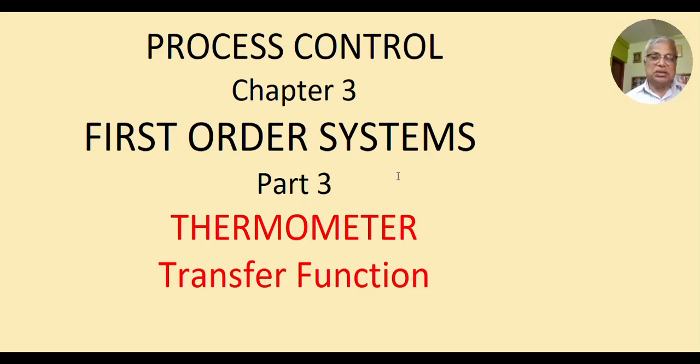Welcome to this lecture. This is part 3 of chapter 3, the chapter on first order systems on process control. In the previous part, that is part 2, titled PC35, I had explained the process that is happening in the thermometer, the variables involved, and the assumptions.